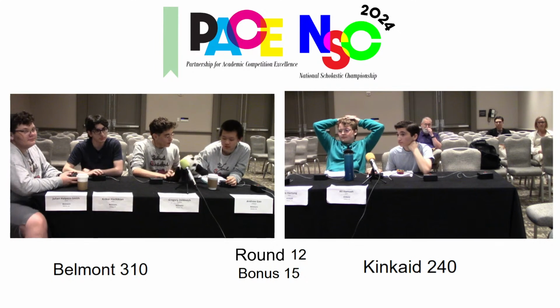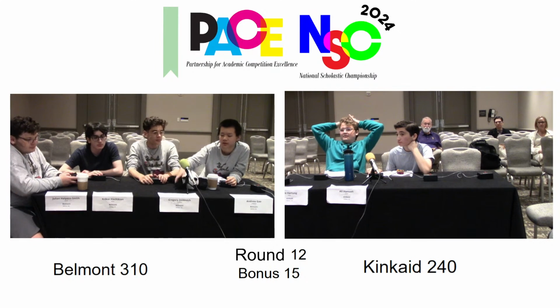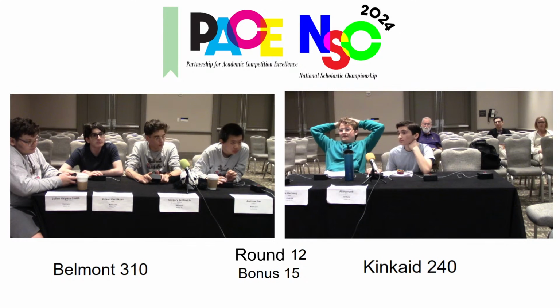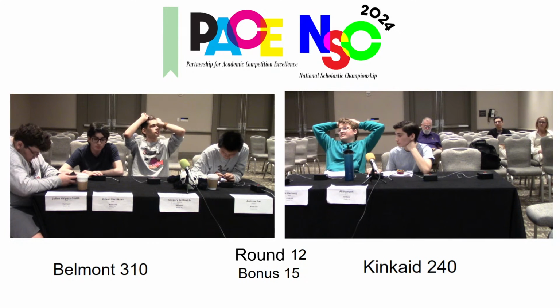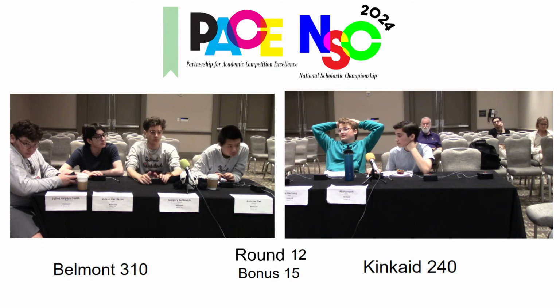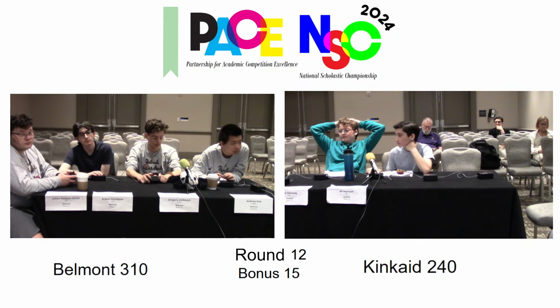The protesting team is Kincaid. Sorry, I'm just going to read this out loud as we do it, if that's all right. The opposing team is Belmont. The score of the game, as it stands right now, at the end of this question appropriately, is 310 to 240.